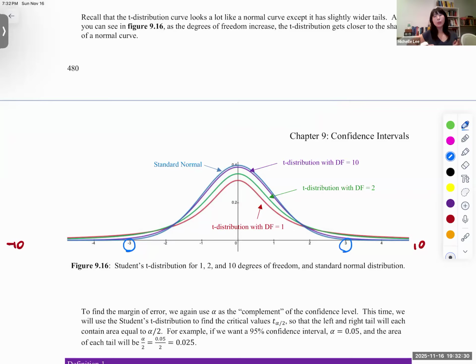But we are using software, so even if the z-score is below -3 or above +3, we can still find the area. The area will be 0.00000000001, like that.